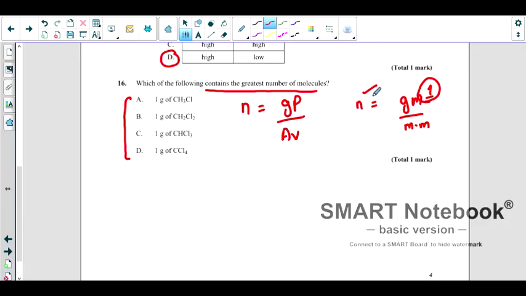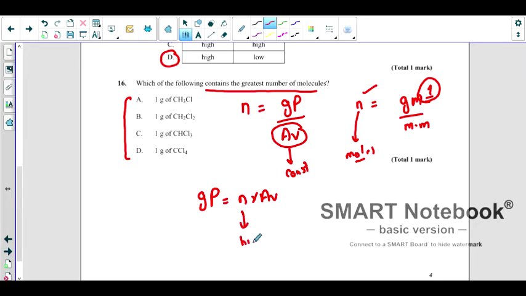The greatest number of particles will be in the compound which has the greatest number of moles. Why? Because Avogadro's number is constant. When I want to calculate the particles, it will be n times Avogadro's number. If this value is high, it means the particles will be more.